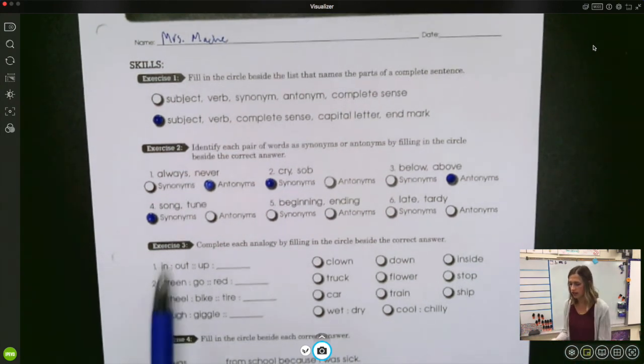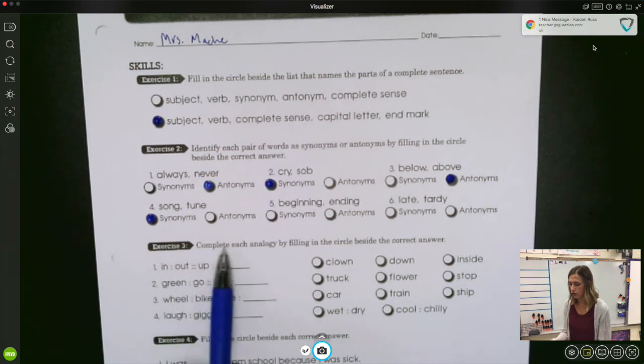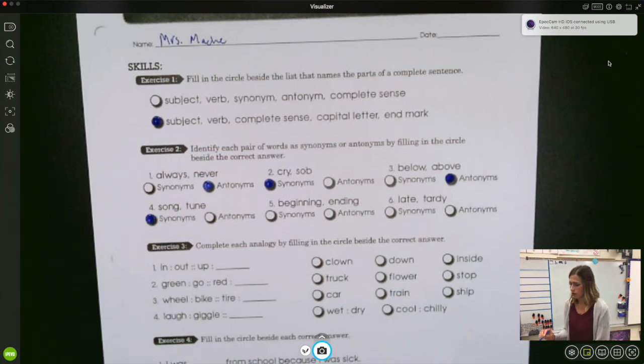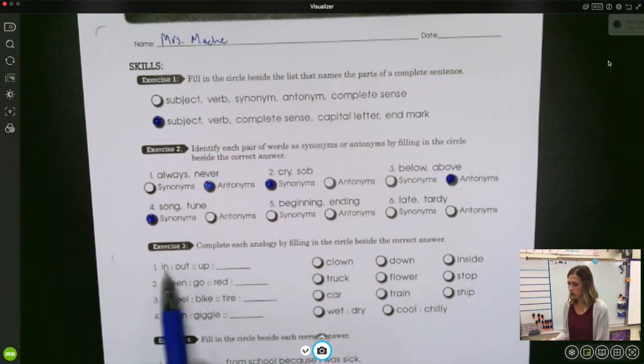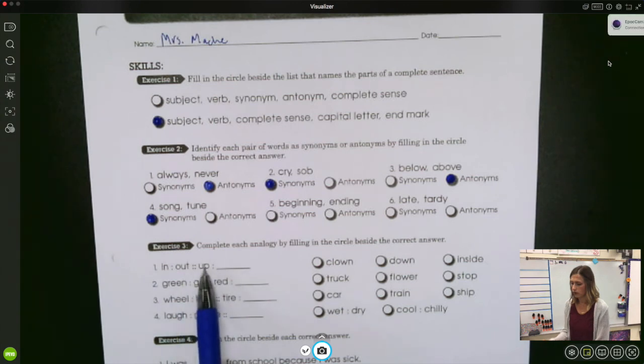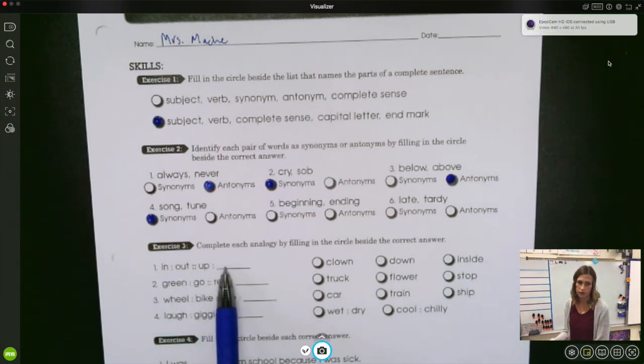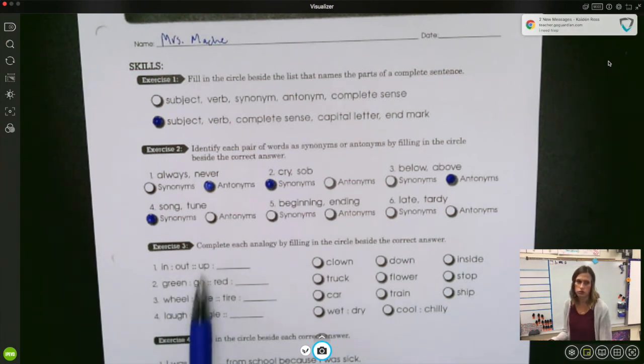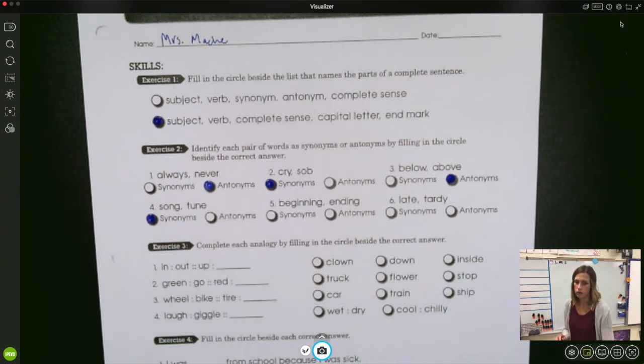We're now on exercise 3. It says complete each analogy by filling in the circle beside the correct answer. So remember, analogies, it's the first word is to the second word as the third word is to the fourth word. All right? So in is to out as up is to, well, how are in and out related?